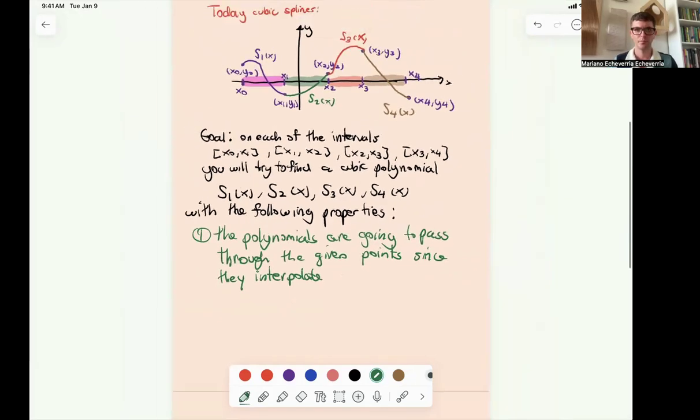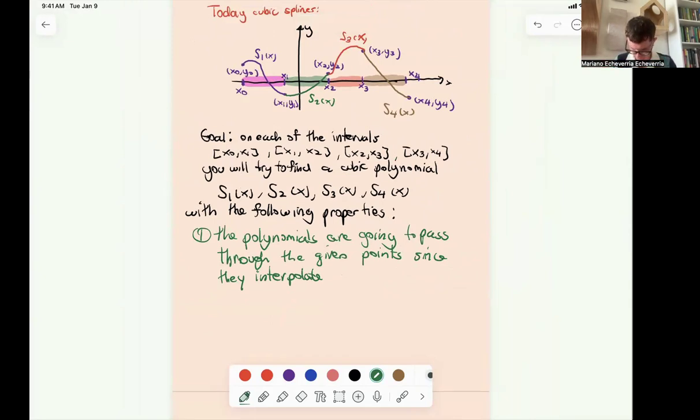Okay. The second property is that the first derivative is continuous. So the values of the first derivative agree at the points where the different intervals meet. Okay.